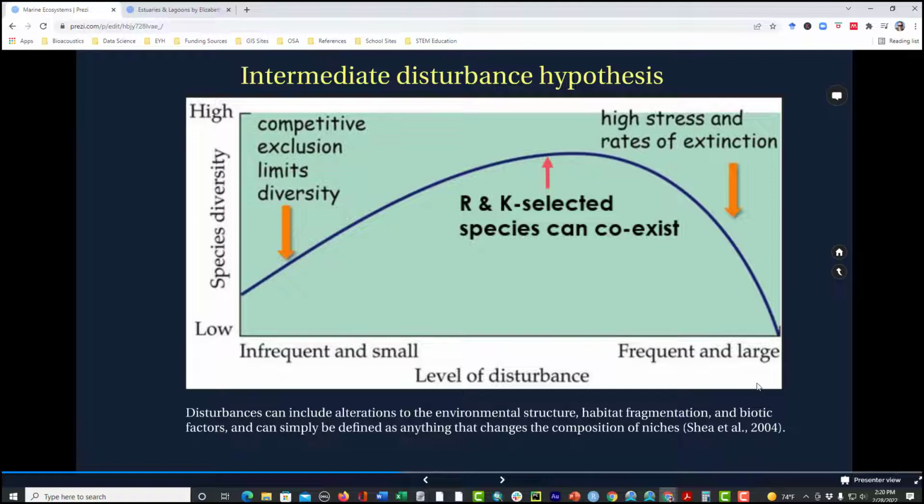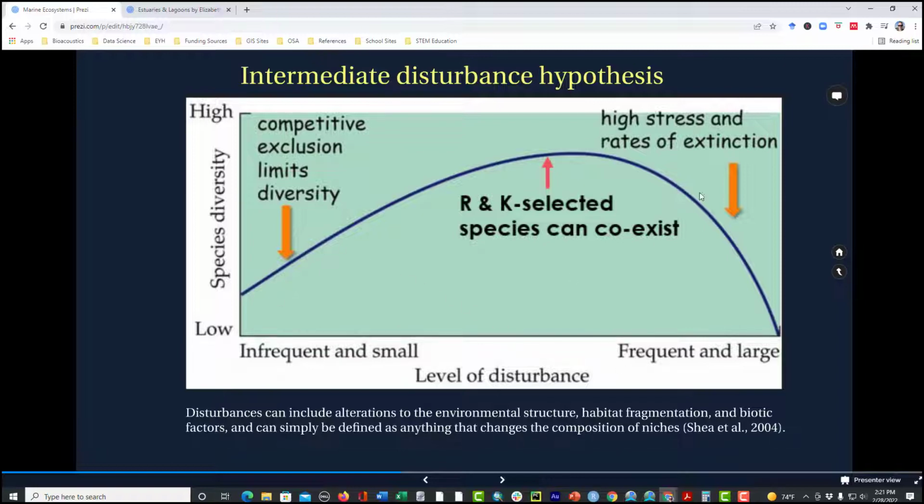Now, on the right-hand side of this figure, we have frequent and large disturbances that occur. When it gets to the furthest end of this particular scale, there's a high level of stress and there are high rates of extinction of organisms. However, there's a niche spot here for these r and K selected species that occurs within these two different magnitude levels of disturbances.